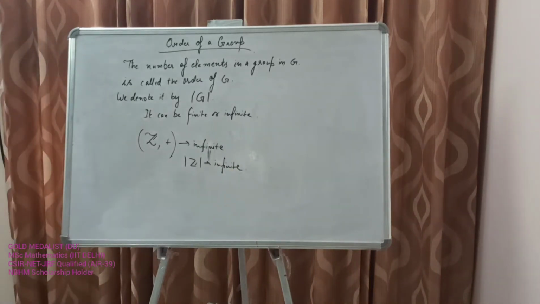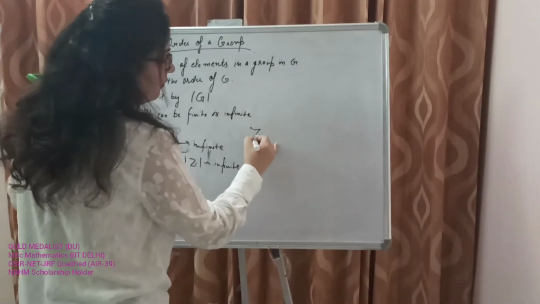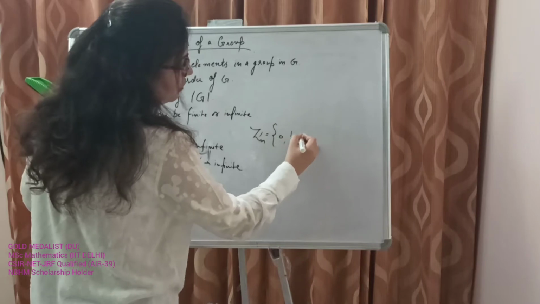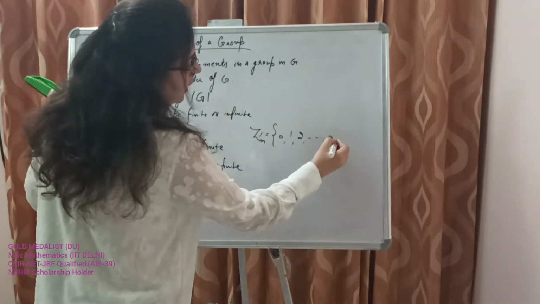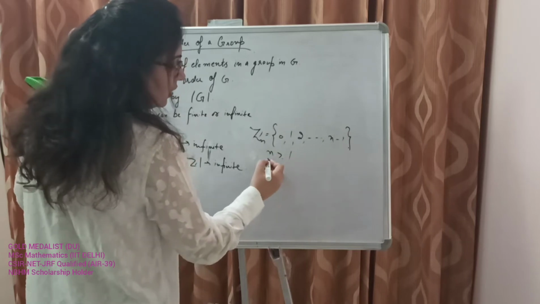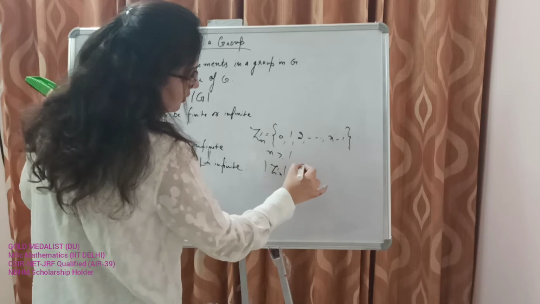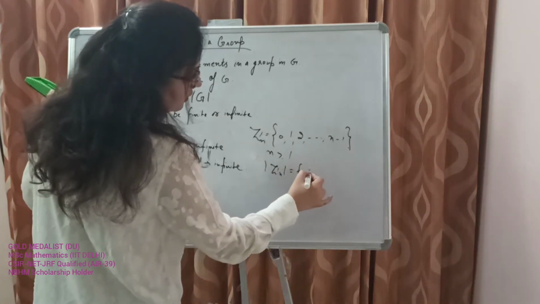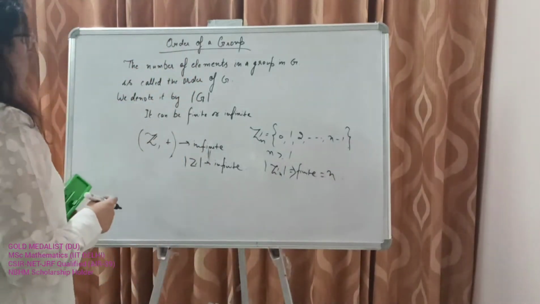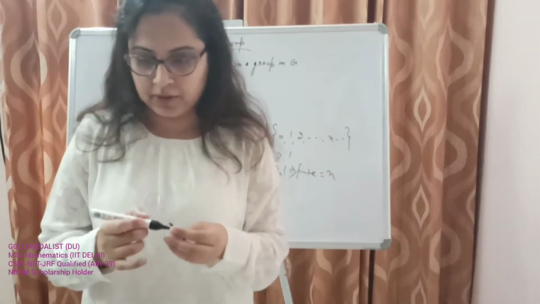And you can say the order of Zn, which is from 0 to n minus 1 for n greater than or equal to 1, is finite, which is equal to n. So there might be finite ordered groups or infinite ordered groups, right?